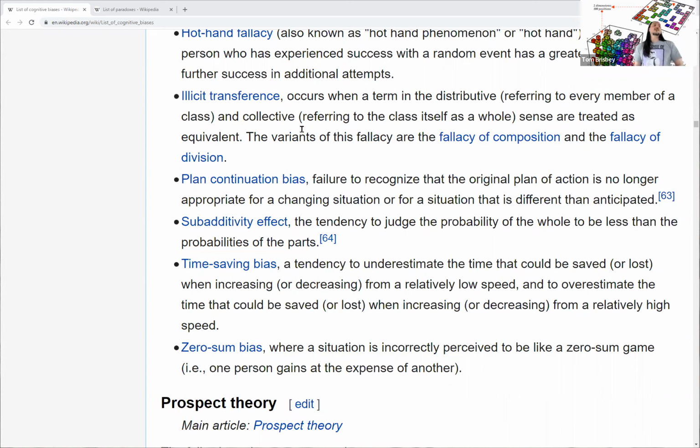The subadditivity effect, the tendency to judge the probability of the whole to be less than the probability of the parts. Yeah, you run into that one. That one's tricky because that one actually goes in two directions. There's probably another bias that complements this one.